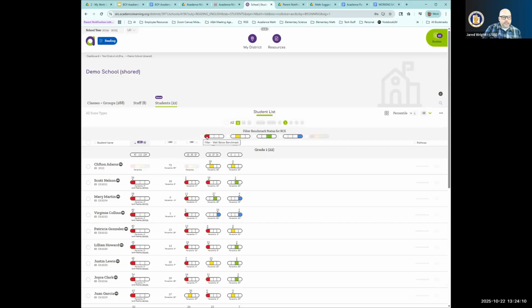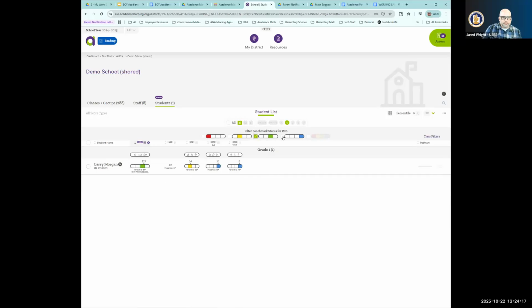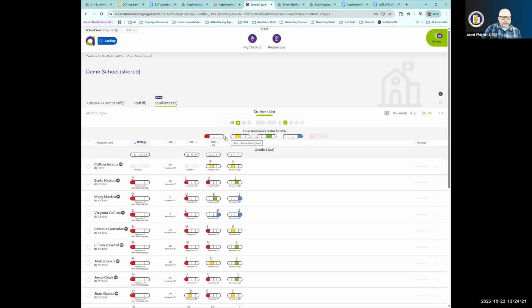So if I was just looking for red and yellow, or if I was looking for green and blue, I can just check those boxes and then it filters out the other groups. So you can sort or you can filter for any of the measures. Composite score is on the far left, and then it goes to the specific measures. Does that help, Andrea?